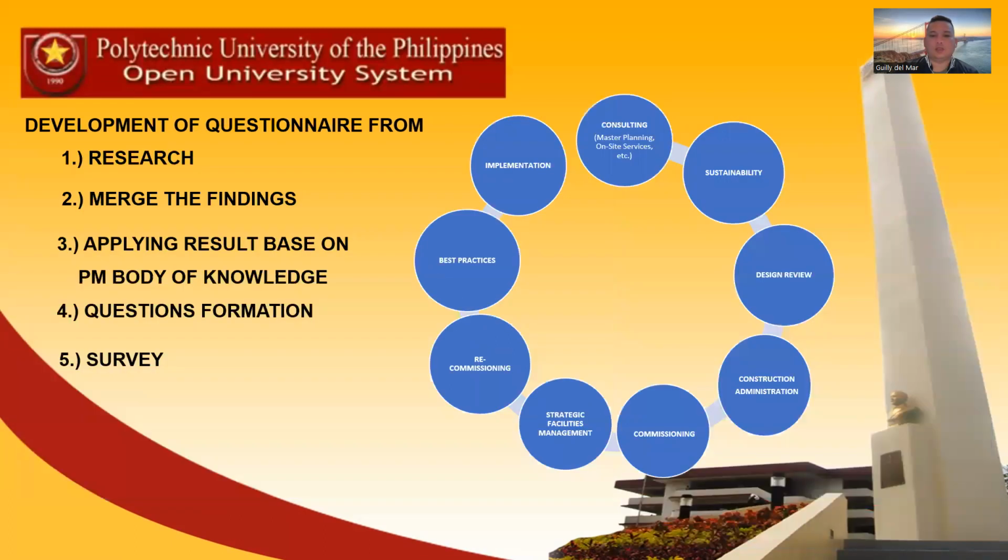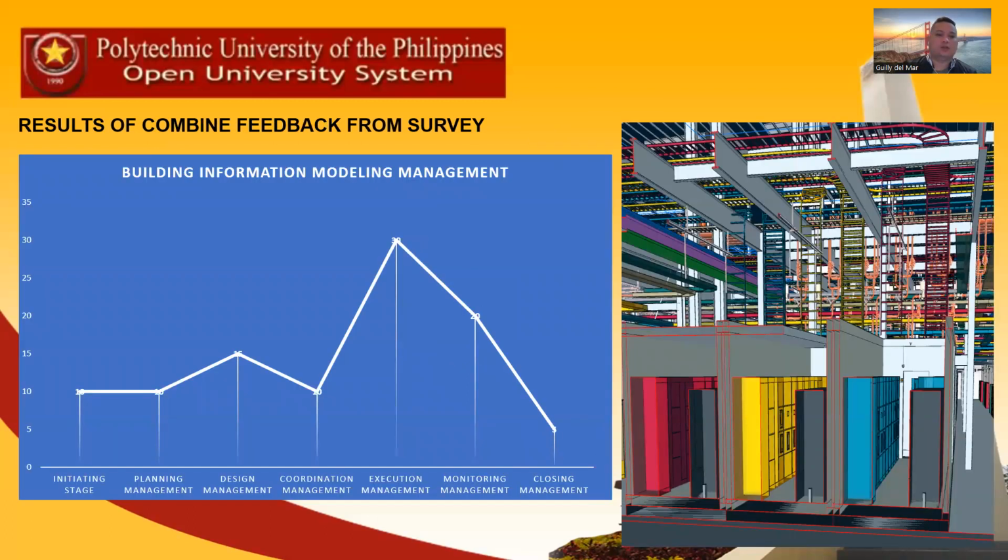As you can see in the results of combined feedback from the survey, in my slides, you can make grayscale, during the design or in the construction stage, those areas that are already done.